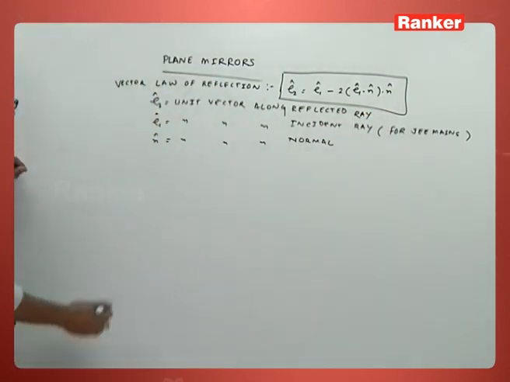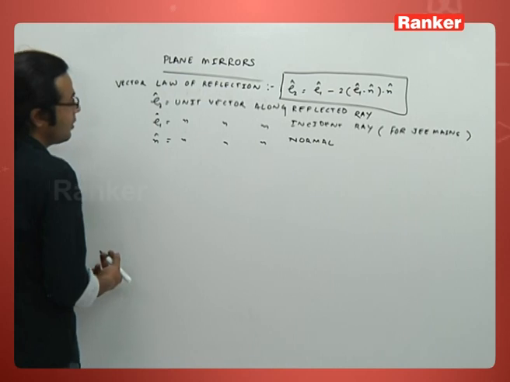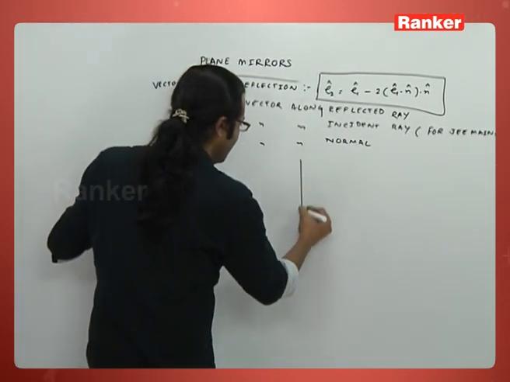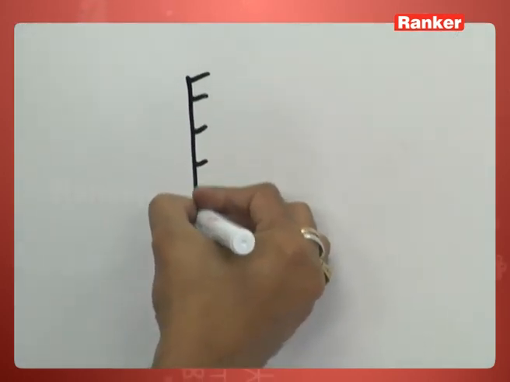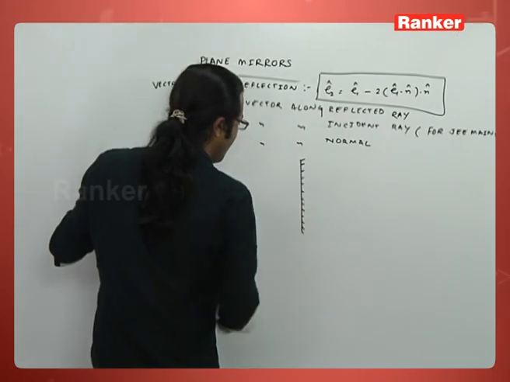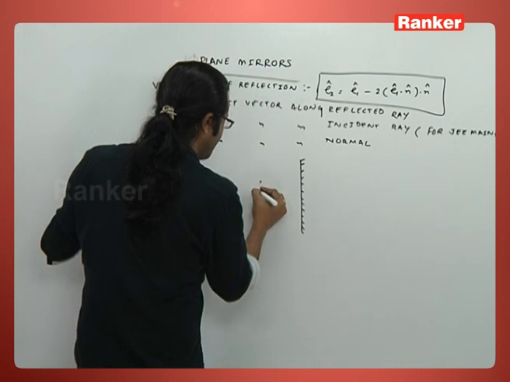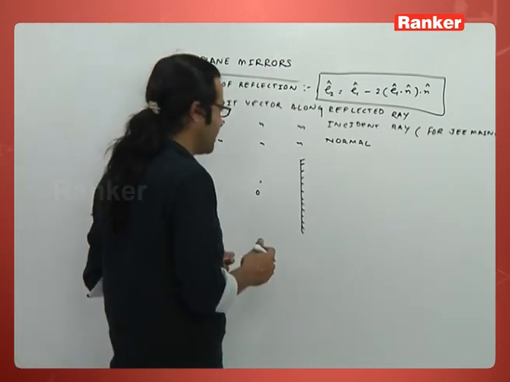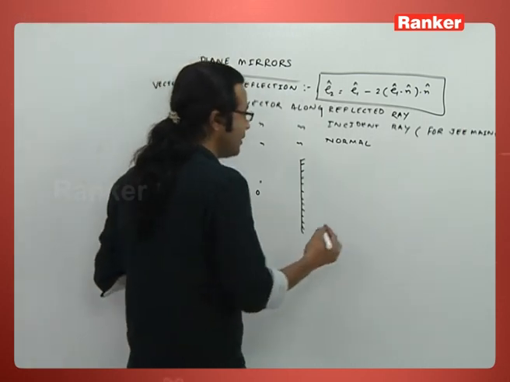Now the main thing we come across, suppose I say this is a plane mirror and I say this is object, and obviously plane mirror says that object distance must be equal to image distance.